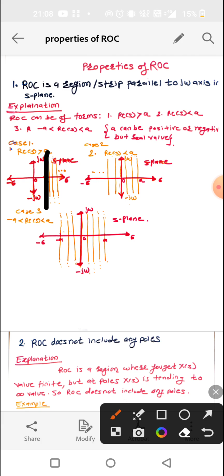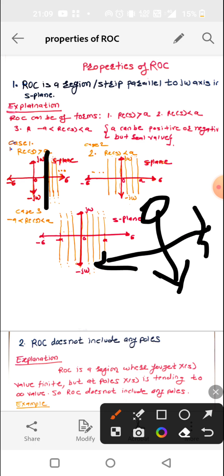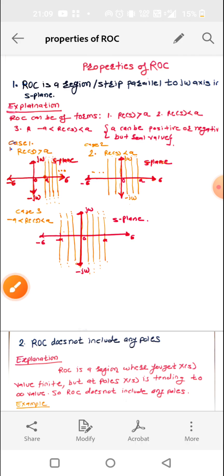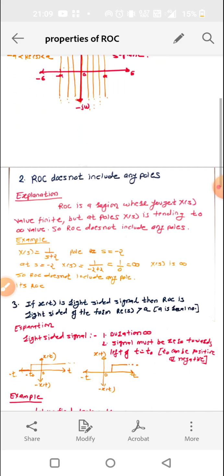This is related with the graph, and you know that if x is fixed, then you will get the line parallel to the y-axis. Similarly, here real S is fixed, so we are getting the line parallel to the j omega axis. So this is the first point. Let us take the second point.